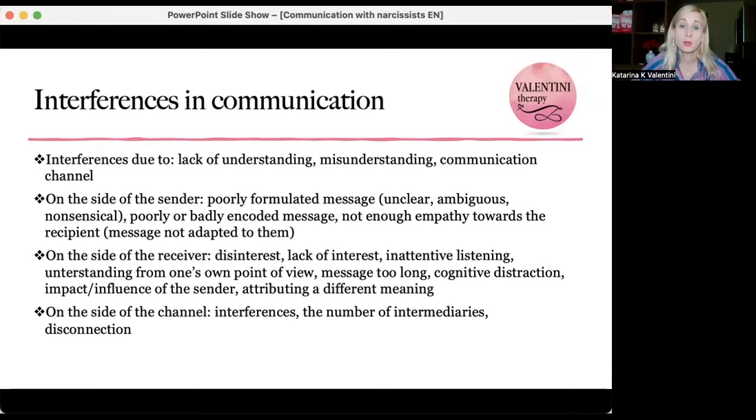Now, on the side of the receiver, disinterest or lack of interest. Sometimes our narcissists are simply not interested in what we have to say. Not because they wouldn't be interested in us or in what is happening in our lives, but because they are not interested in the topic. If you have girly issues to discuss, female topics, or if you want to delve more deeply into some intimate subjects, then it's perhaps better to talk about them with your girlfriends.